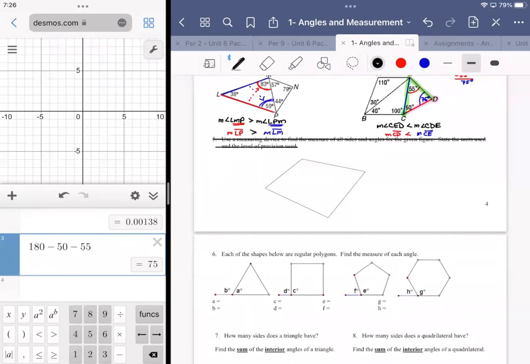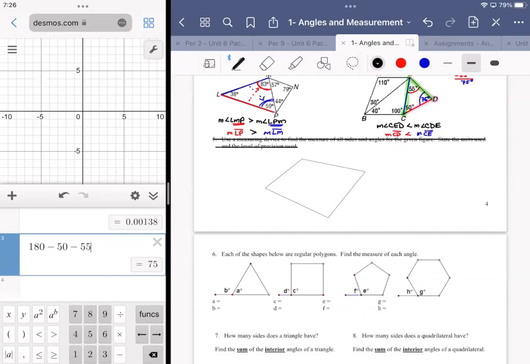Now, when we say something is a regular anything, whether it's a polygon or any kind of polygon, so we have a triangle, we have a quadrilateral four-sided figure, a pentagon, a hexagon, you could have octagon, you could have any kind of gon, right?